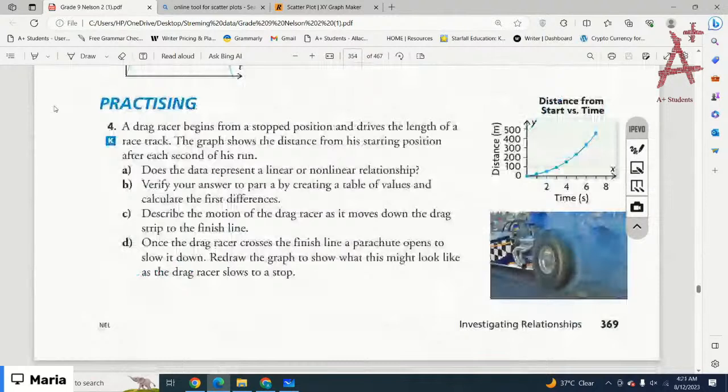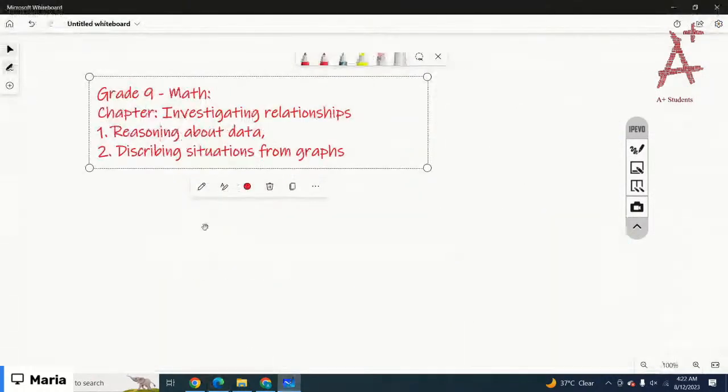Okay. B is: verify your answer to part A by creating a table of values and calculating the first differences. You can just make a table of values and calculate the differences. Let's make a table of values and verify your answer.